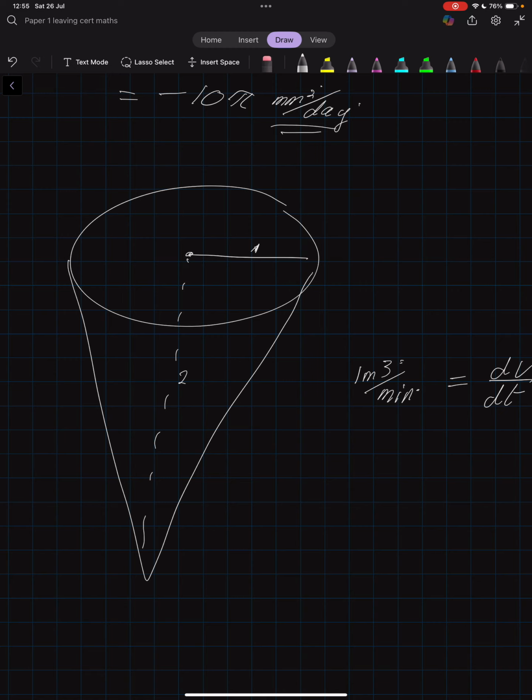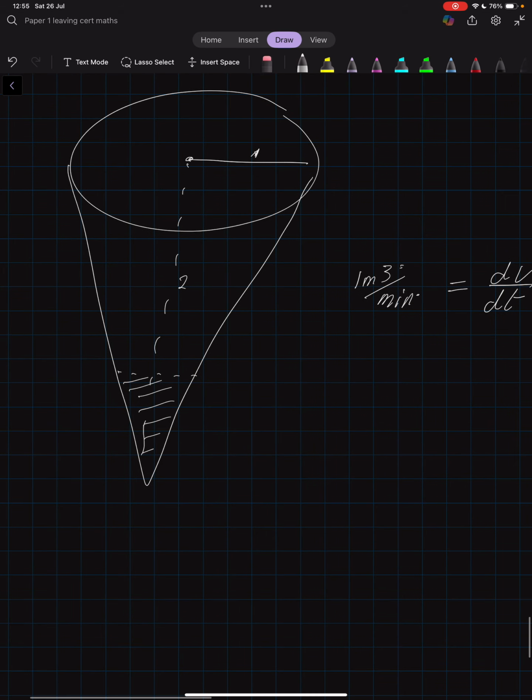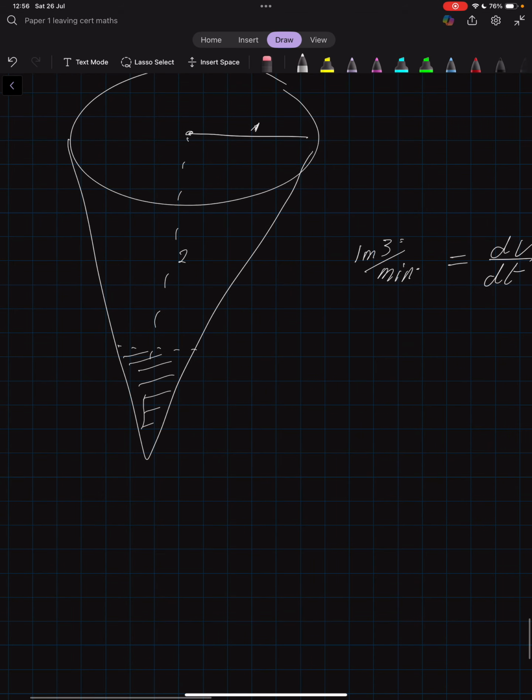Great. It says when the vessel is 1/8 full, find the rate at which the water is rising. So first of all, you have that it's 1/8 full. So what's the volume of a cone? Remember, this little cone here is in the same shape as the one up there.